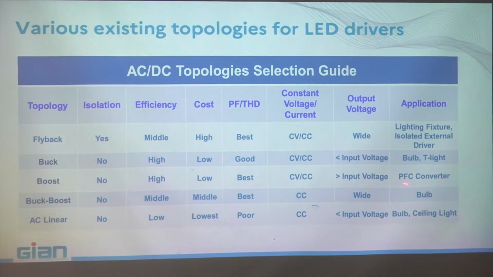And this can be used, for example, to supply bulbs with integrated drivers, or T-lights, meaning tubes that can replace fluorescent lamps. That means the application can impose what kind of topology you have to use.